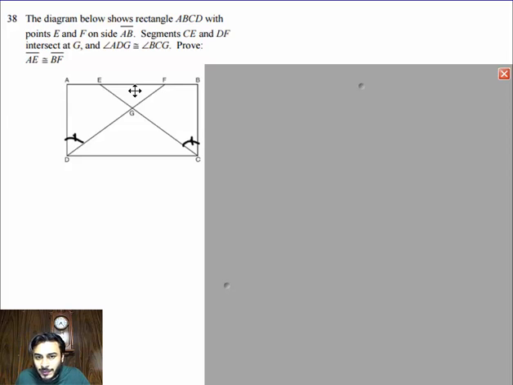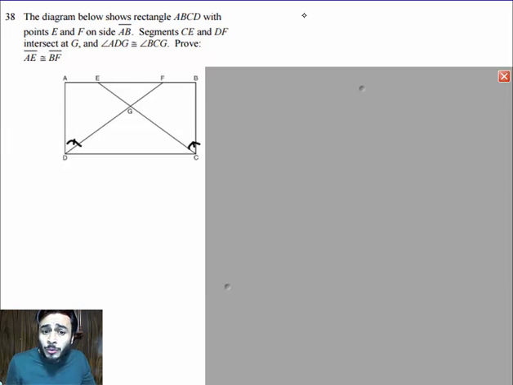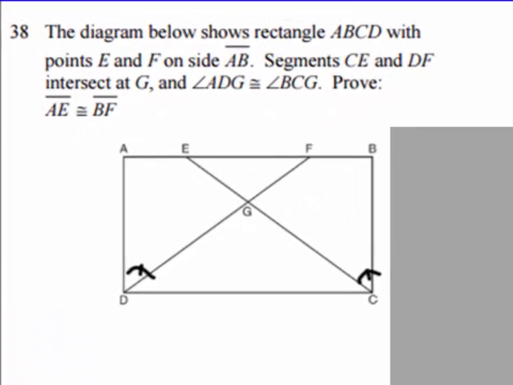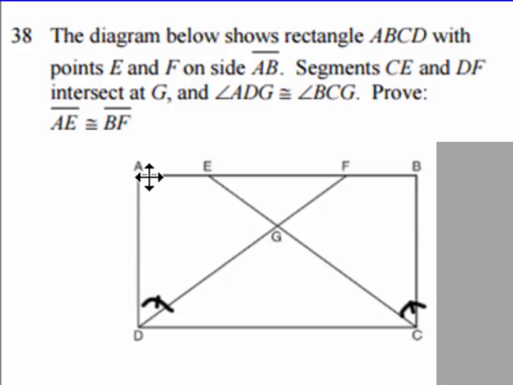Now, the thing I want you to see is that the segment AE is a part of the line segment AF, and the segment BF is a part of the line segment EB. So now why do I say that? I say that to say that somewhere down the road you're going to see a line proof.